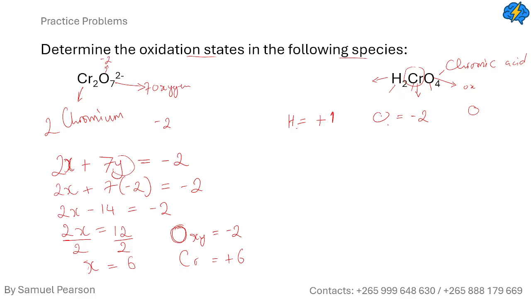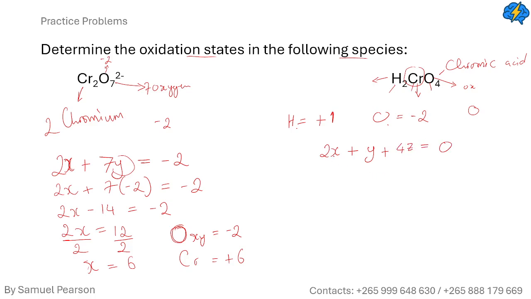Let's start solving. Let the hydrogen oxidation number be x. We have 2 hydrogen atoms, so 2x, plus chromium, which we let be y, plus that of oxygen, which can be z. We have 4 oxygen atoms, so 4z equals 0.